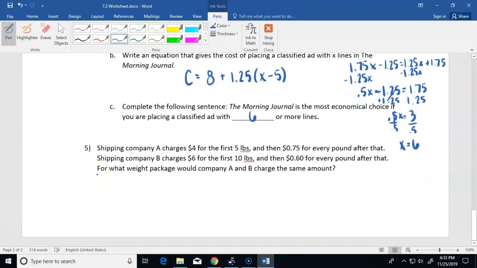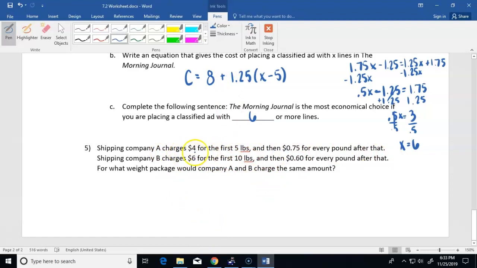Okay. Our last question says shipping company A charges $4 for the first 5 pounds, then 75 cents for every pound after that. Shipping company B charges $6 for the first 10 pounds and then 60 cents for every pound after that. For what weight package would company A and B charge the same amount? In this case, we need an equation for A and B, and it's a lot like the last problem.